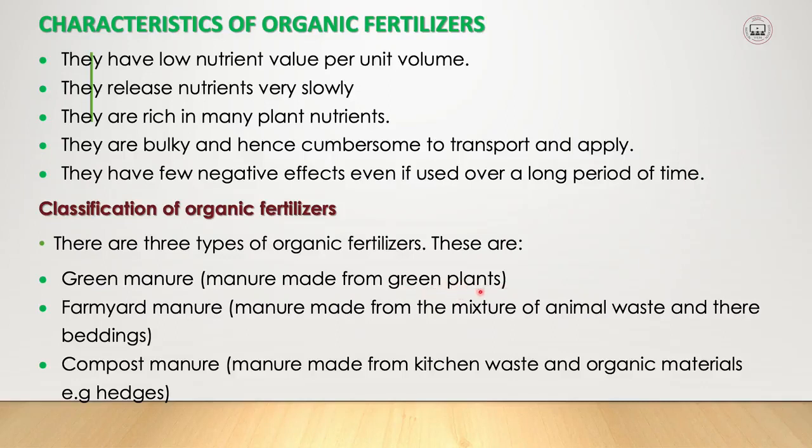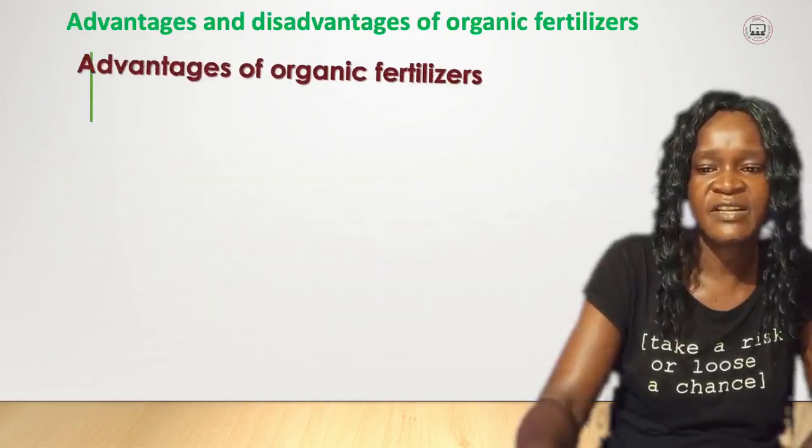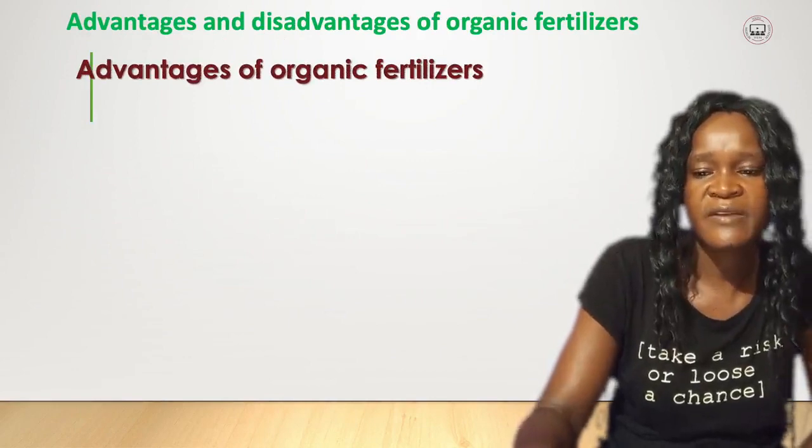Farmyard manure is manure made from a mixture of animal waste and their beddings. Compost manure is a type of manure made from kitchen waste and organic materials such as hedges.